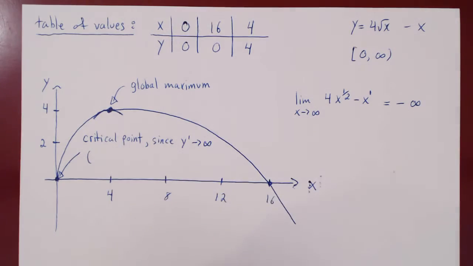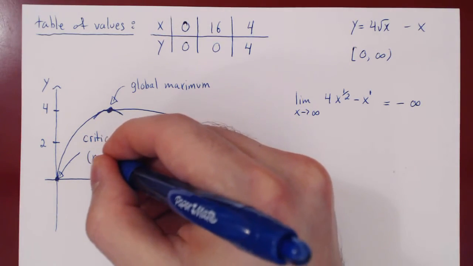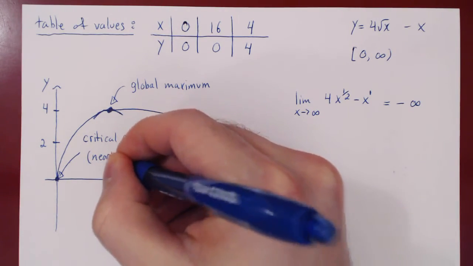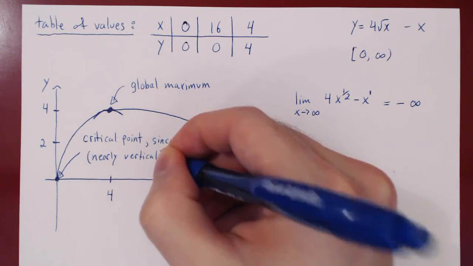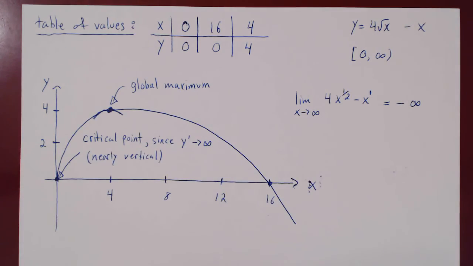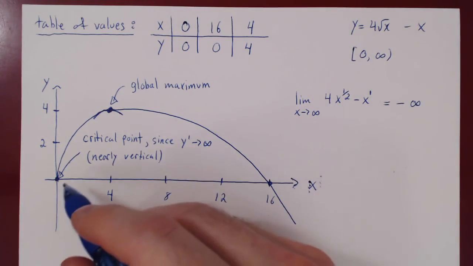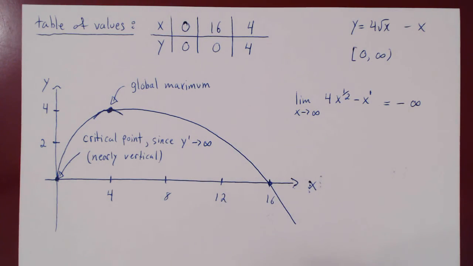So around x equals 0, the curve is nearly vertical. And now we have accurately sketched the graph of this function for its domain, which is the non-negative real axis.